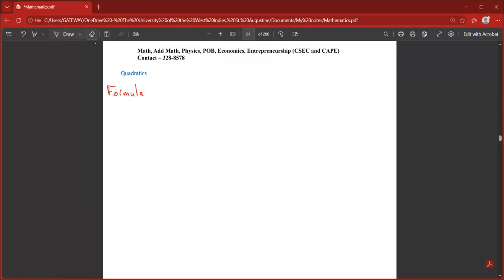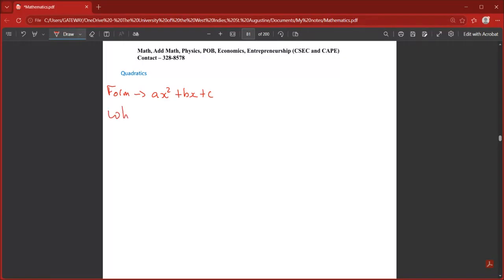ax squared plus bx plus c. Now where a, b, and c are constants, right?